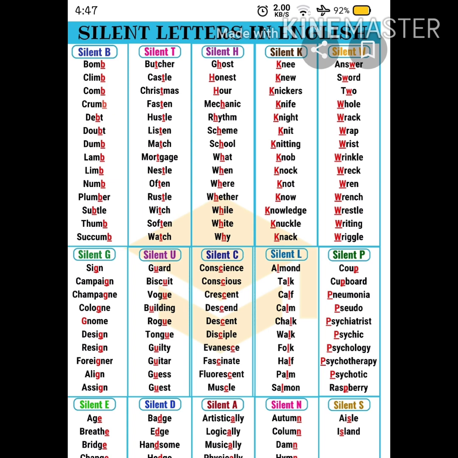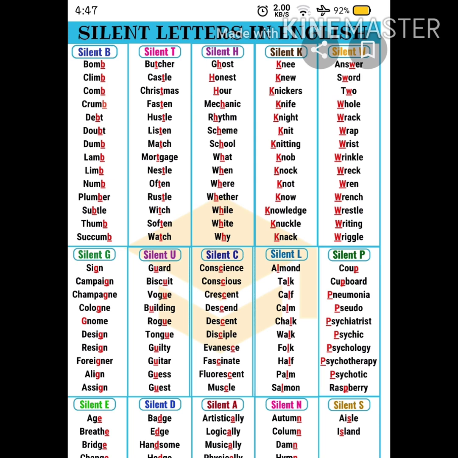Okay, we have silent H in the beginning of a word, like honor, hour, and we have it after W in WH words like when, where, what, why, while. This is not a WH question word, but it's there too.